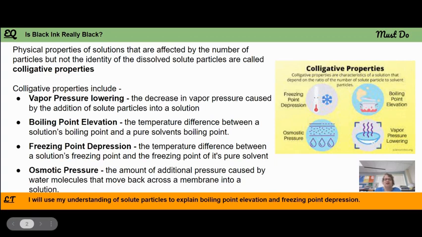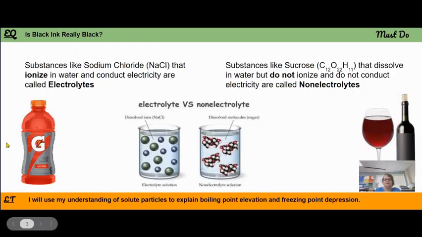And there's osmotic pressure, the amount of additional pressure caused by water molecules that move back across a membrane into a solution. This one you really don't need to know anything about. We're going to focus on boiling point and freezing point.